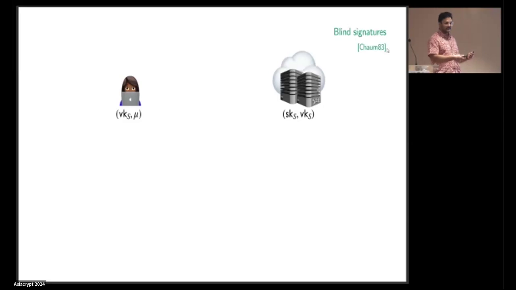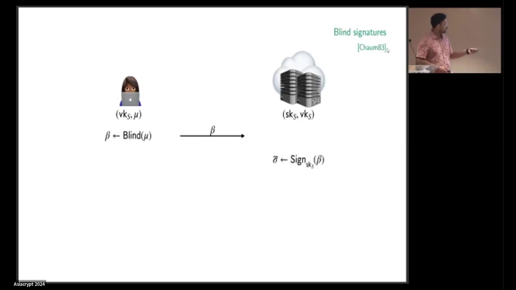So let's start quickly by recalling what a blind signature is. A blind signature is a protocol between a user and a signer, where the user wants the signer's signature on some message mu, but does not want to reveal the message mu to the signer. To do so, the user first creates a blinded value beta and sends this blinded value to the signer.